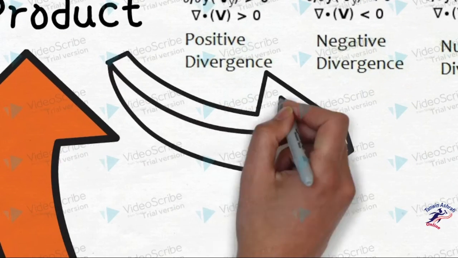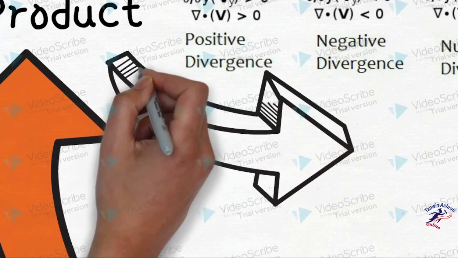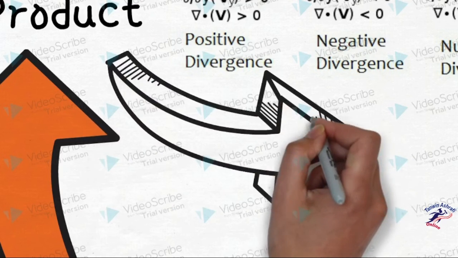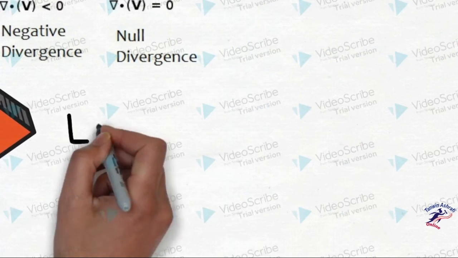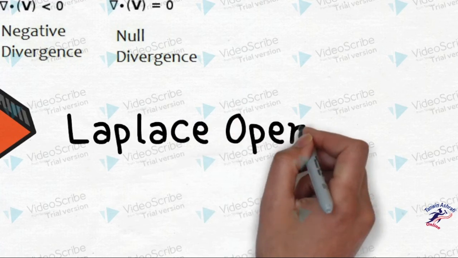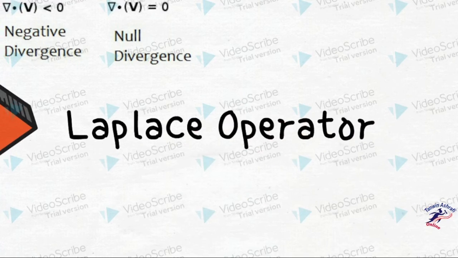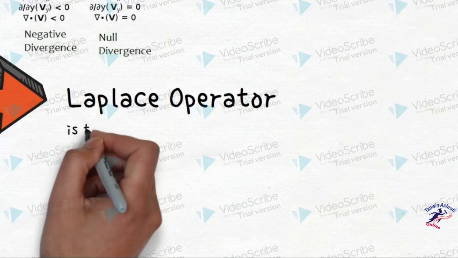That leads us to one more conclusion, and very surprisingly, it's nothing but our next topic, the Laplace operator. Yes, so we start with the del operator and we land at the Laplace operator.